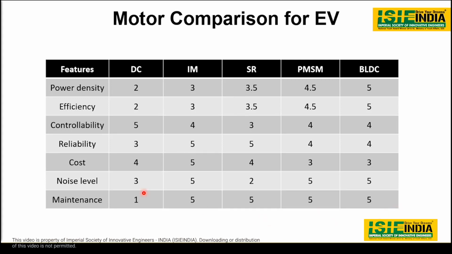If you count and compare all these five motors, DC motor is less, in the sense very cheaper for the maintenance, okay. Every motor is having high maintenance for the high performance. Obviously for a high performance, maintenance will come into the picture for EVs also. So EVs are not at all maintenance free. First of all, you need to understand this point.